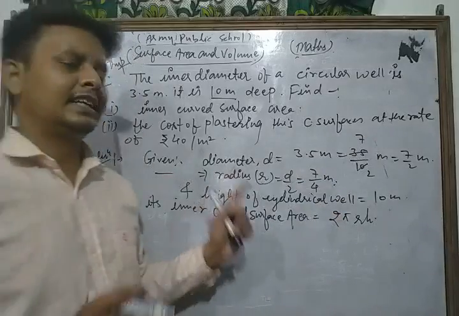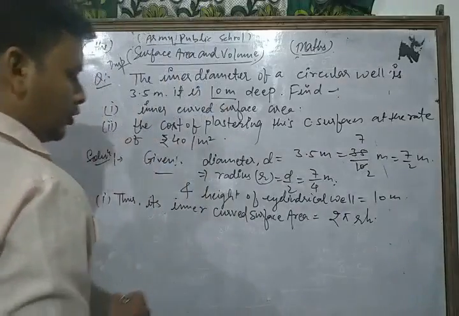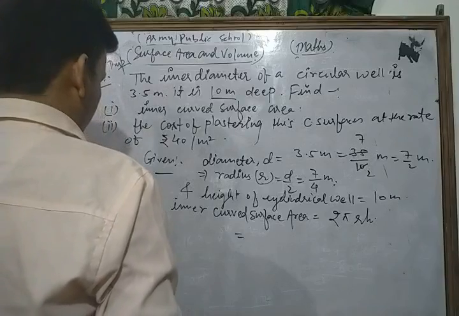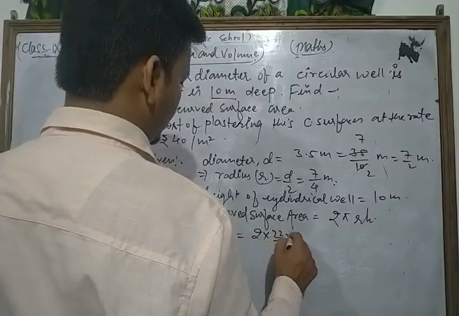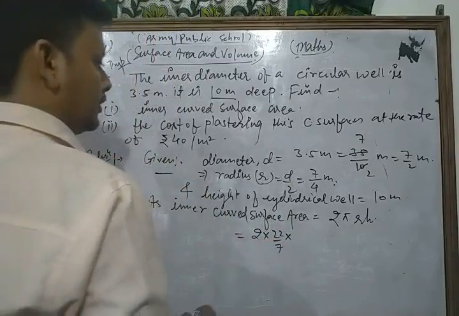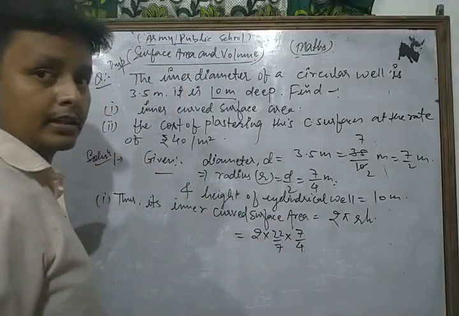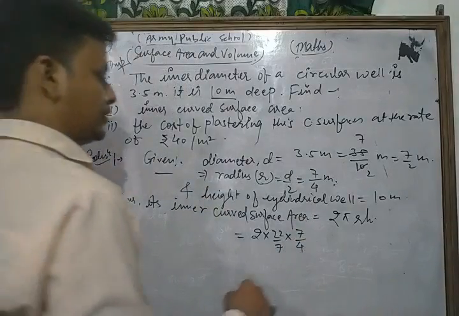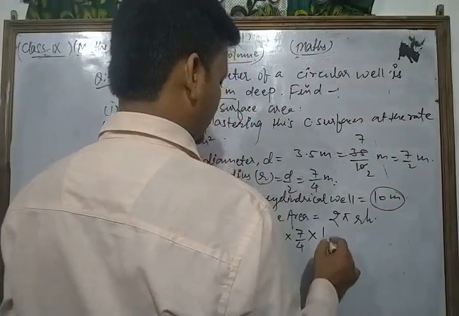Now we put each and every value in that formula, so we get 2 into 22 upon 7 into r, the value of r is 7 by 4, into h. Height is 10.